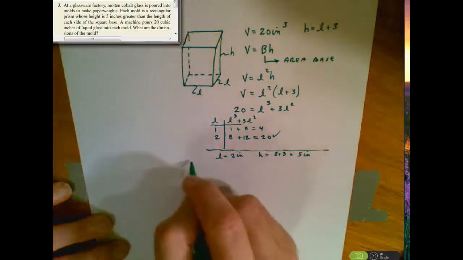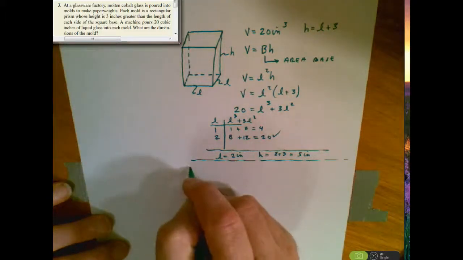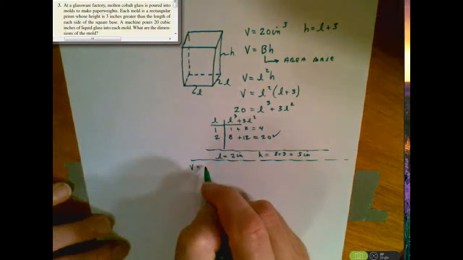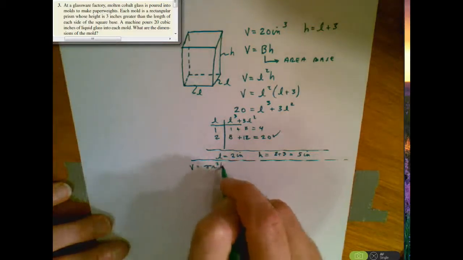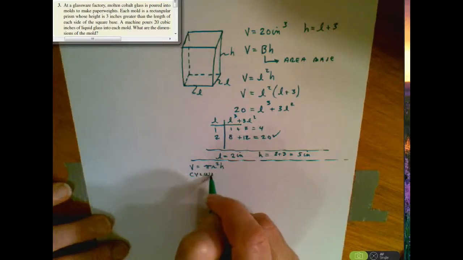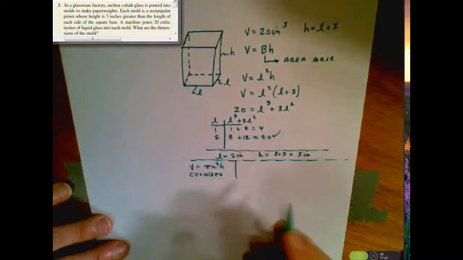Now, just as a little reminder, we want to make sure we remember some other formulas. Remember, the volume of a cylinder would be V equals the base, which is pi r squared, times H. Another equation we want to know is for a pyramid.